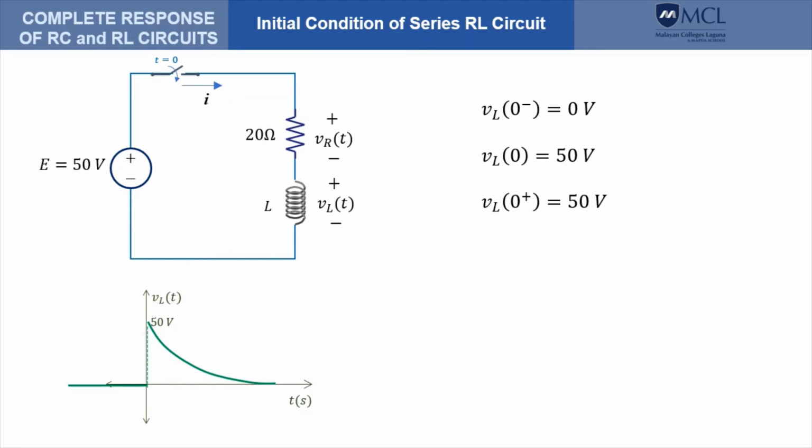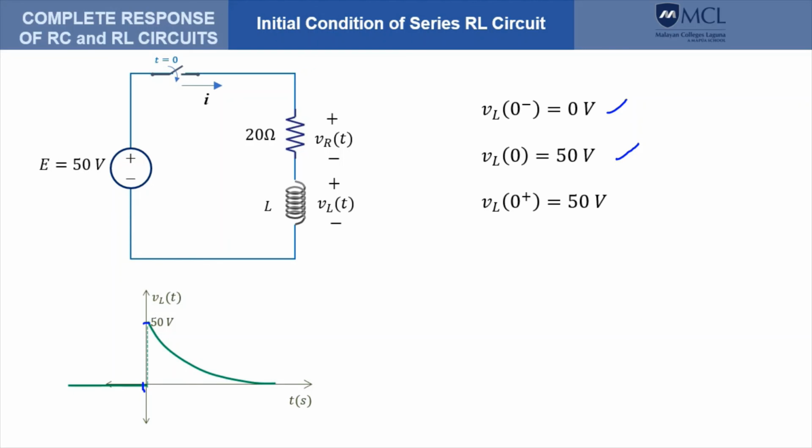For the initial condition of the voltage across the inductor, at time before t equals 0, you will get a value equal to 0. Then at exactly t equals 0, the voltage jumps to 50 volts.